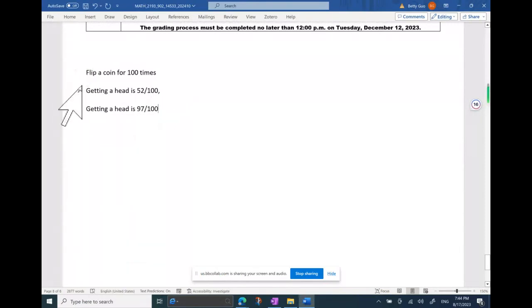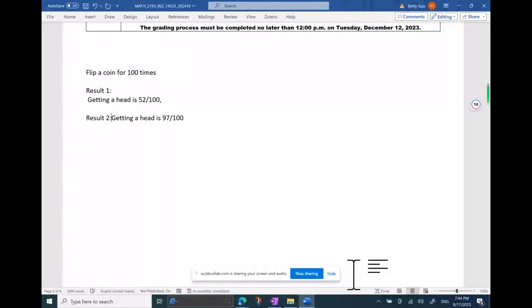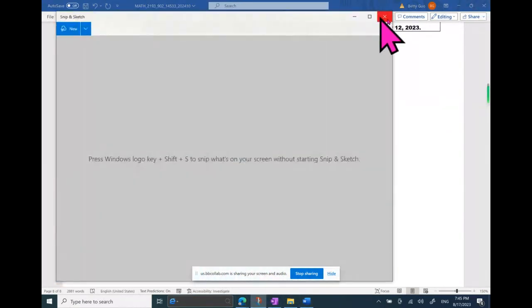So two results. This one is result 1, and this is result 2. I want you to tell me which result has the statistical significance, and which result does not have the statistical significance. Which one?